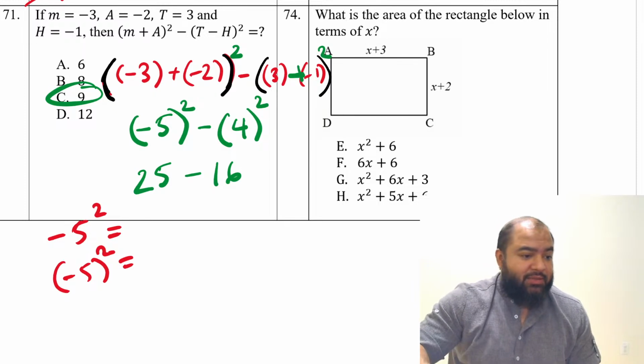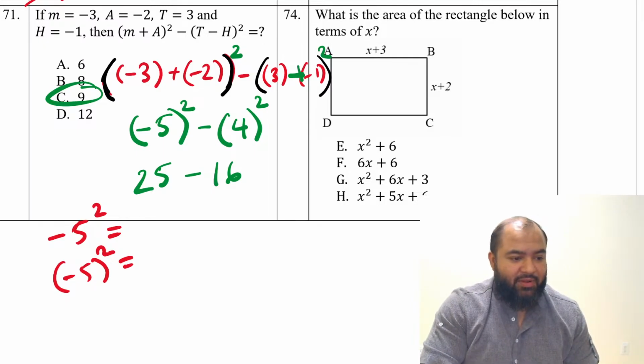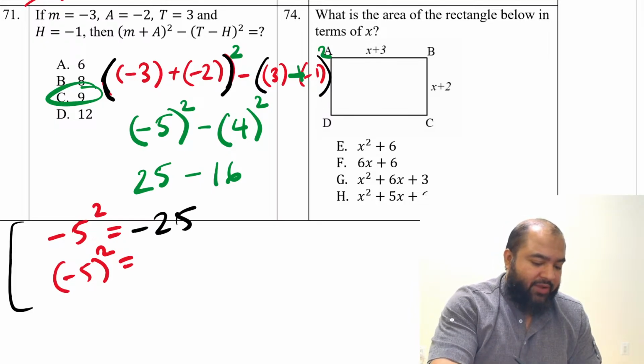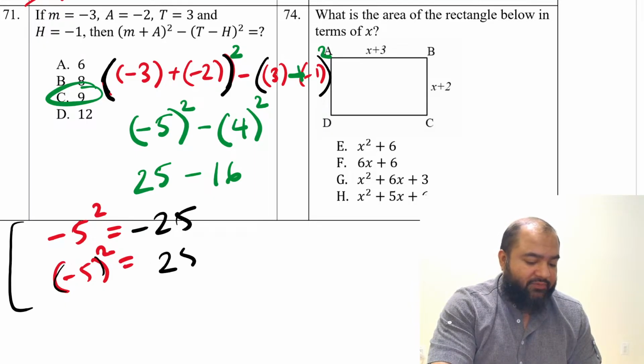All right, let me clear it up. So you guys are thinking the first one is 25. No, we're talking about this. So -5 squared is -25. Now the second one, (-5) with parentheses squared is just 25.